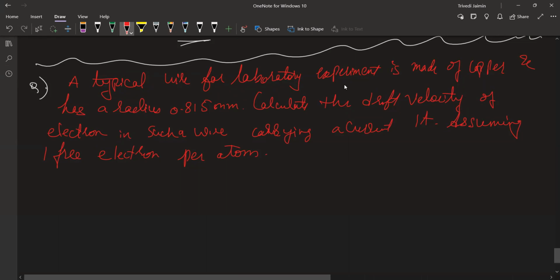Do we have any idea about this? You want to try? You can go on, try it first. If you want, I can write the equation: I equals QNAVD. Two formulas.